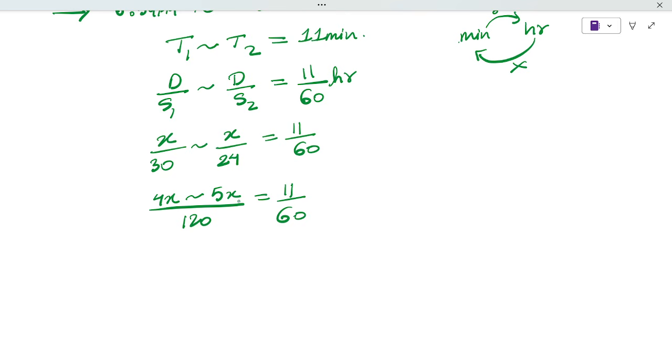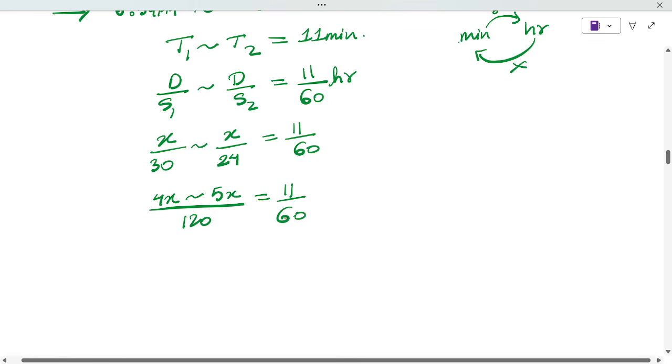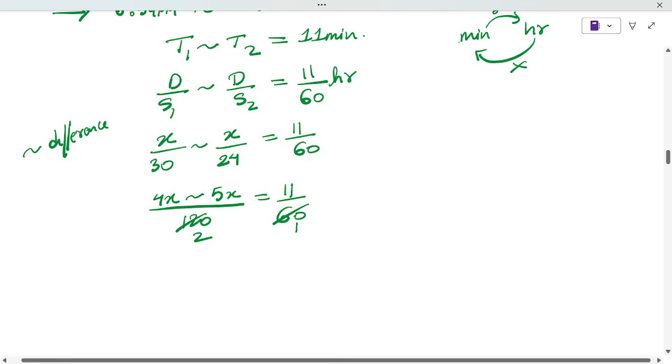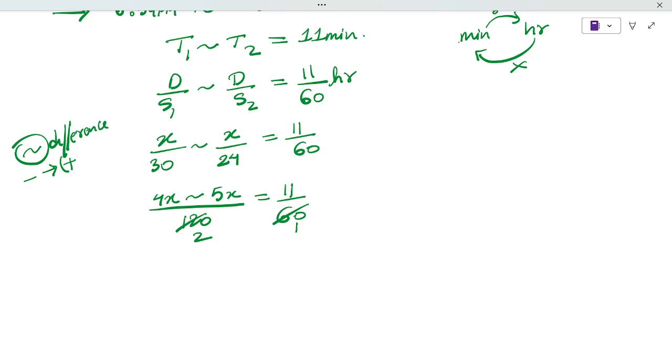The result will be negative. But in the denominator we have 60. This sign means difference. Meaning, even if you get the answer in terms of negative, we will use it as plus only.